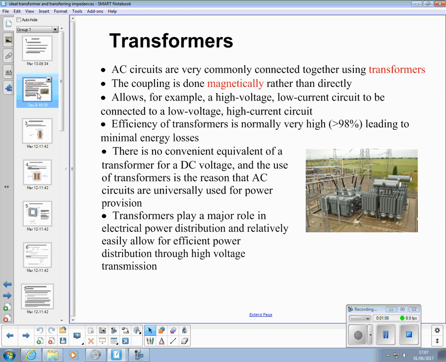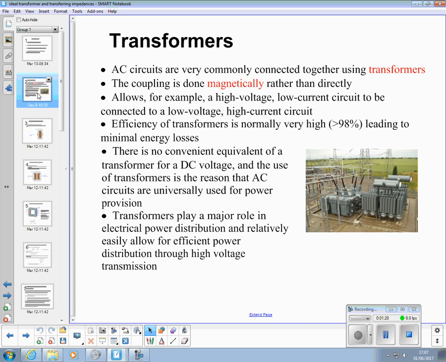Some are 33 kV, 11 kV, and eventually down to the 400/230 that we've been looking at in our star delta systems. So they are very widely used in power systems, as well as the tiny little things you see in power supplies around the place.